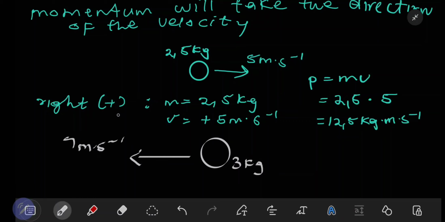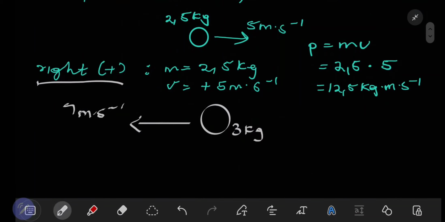Since we took right as positive, we have our mass, which is 3 kg, and then our velocity v, which will be, because it's going to the left and we took right as positive, any motion going to the left is negative.